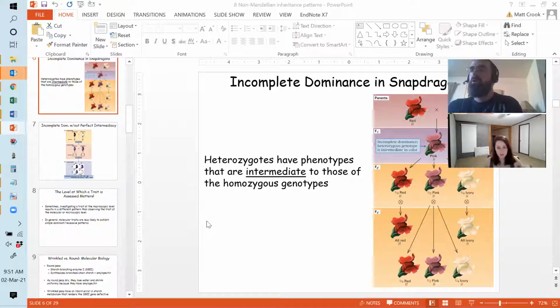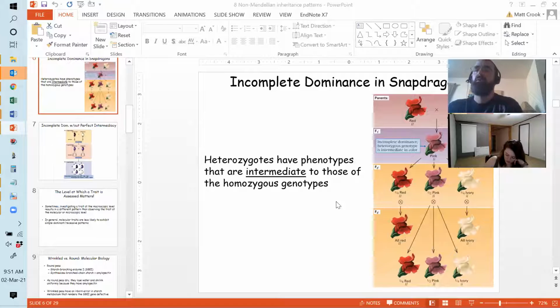And codominance is very different. So typically you can only express one phenotype at a time, right? You can either be red or pink or white or have a disease or not have a disease, right?